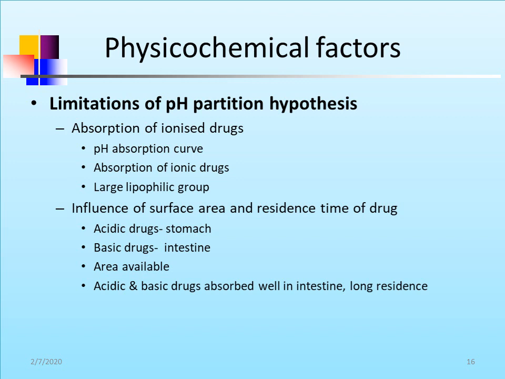In the intestine, the drug stays for more time, and the presence of villi and microvilli increases the area available for absorption. So both acidic and basic drugs are well absorbed in the intestine due to the long residence time and the greater surface area available for absorption.